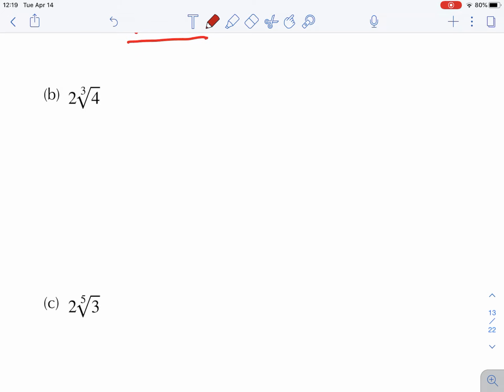Let's look at B. Again, make sure to note the index. The index here is 3. That means we're dealing with cubes and cube roots. So 2 is the cube root of 8. Right? Because 2 times 2 times 2 is 8. So the cube root of 8 is 2.